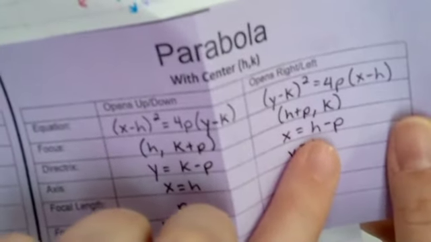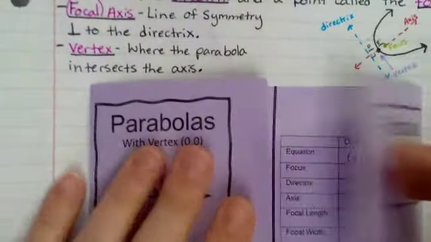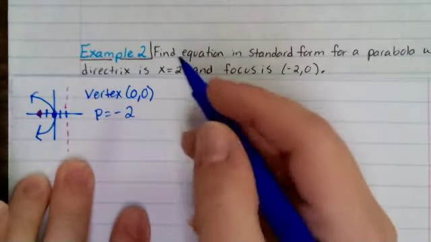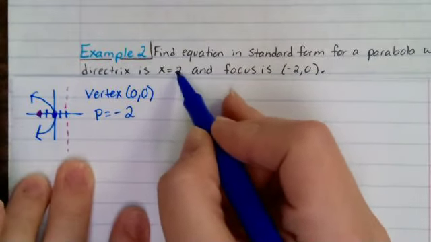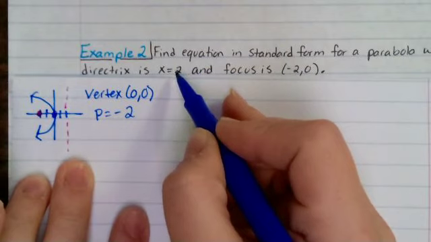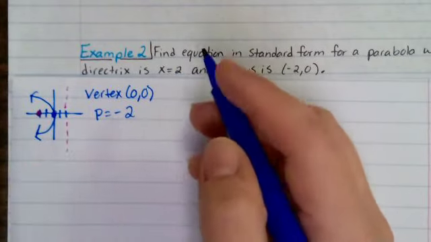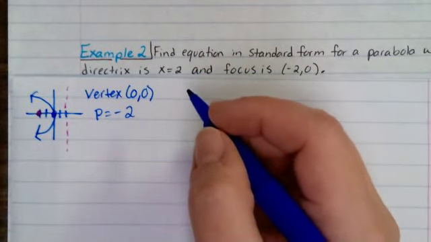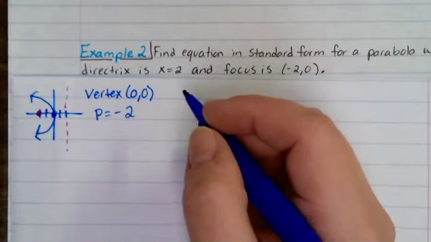Could be that one. But since we can recognize that the vertex is at 0, 0, you could recognize that that was the one where it was x equals negative p. And so that would be that 2 is negative p. So that p would be negative 2. There's multiple ways to go about figuring out that value. So whatever makes sense to you, you can use that.